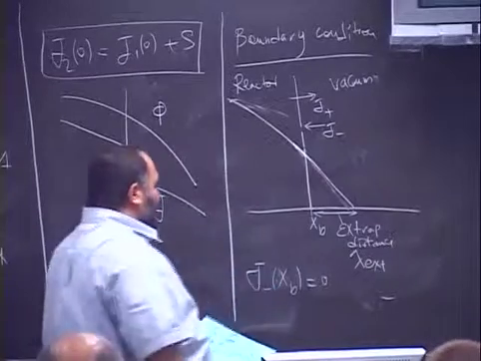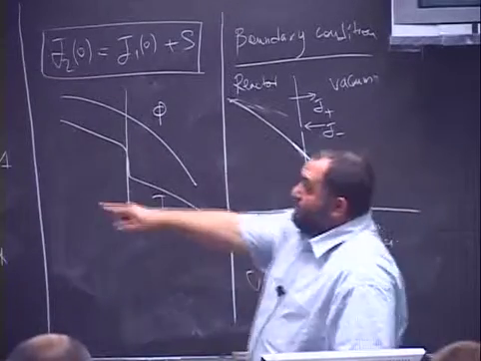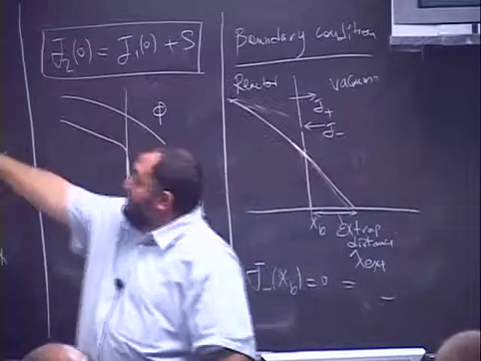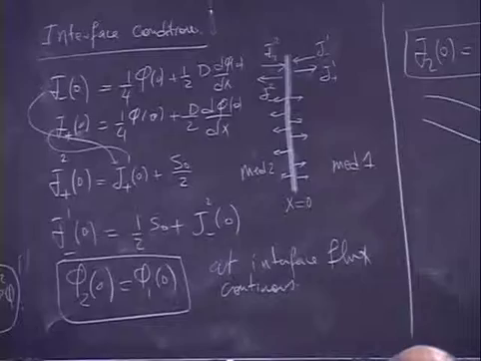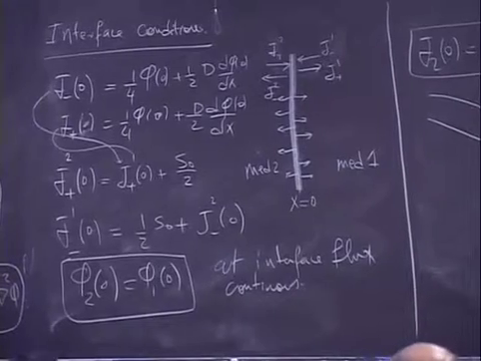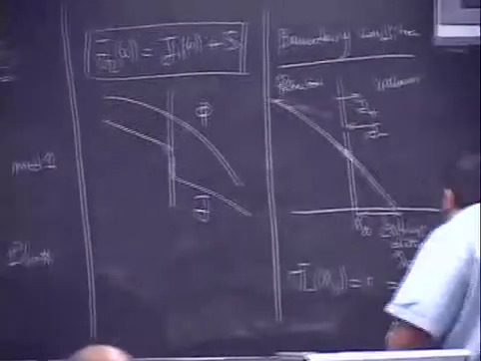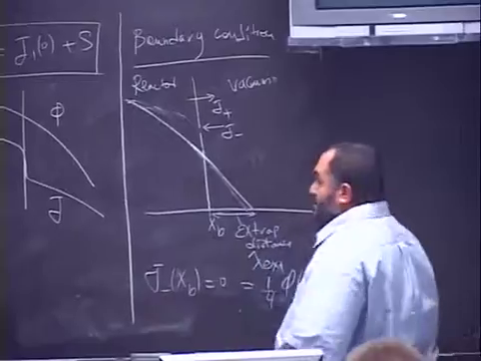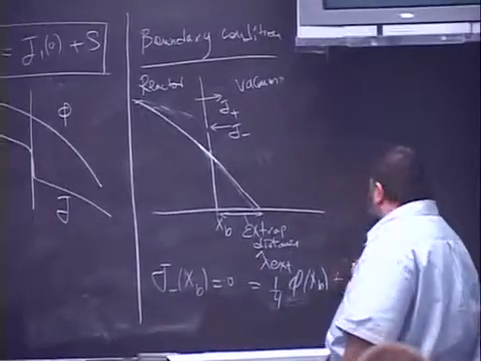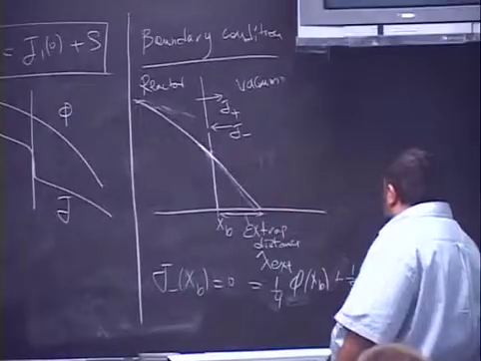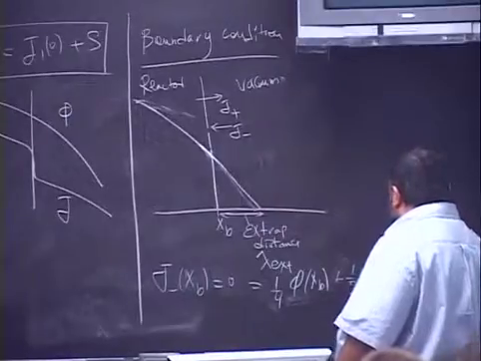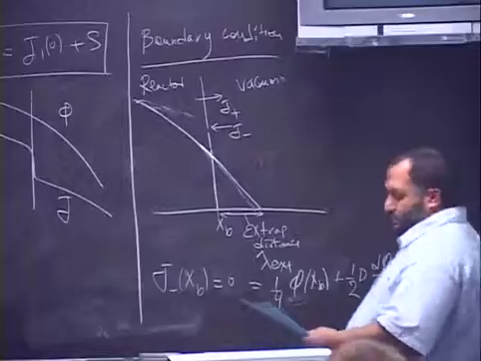0. And what's J minus from this equation here? Did you see the equation? So it is 1/4 the flux at xb plus 1/2 the diffusion coefficient D dphi/dx at xb, and this is equal to 0.